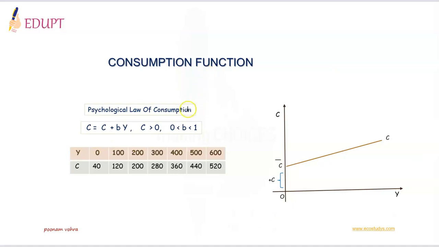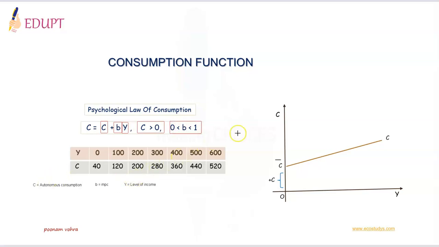Consumption function is based on psychological law of consumption and is represented as C = C̄ + bY, where C̄ is autonomous consumption, b is marginal propensity to consume, and Y is the level of income, where C̄ is greater than 0 and b is greater than 0 but less than 1.